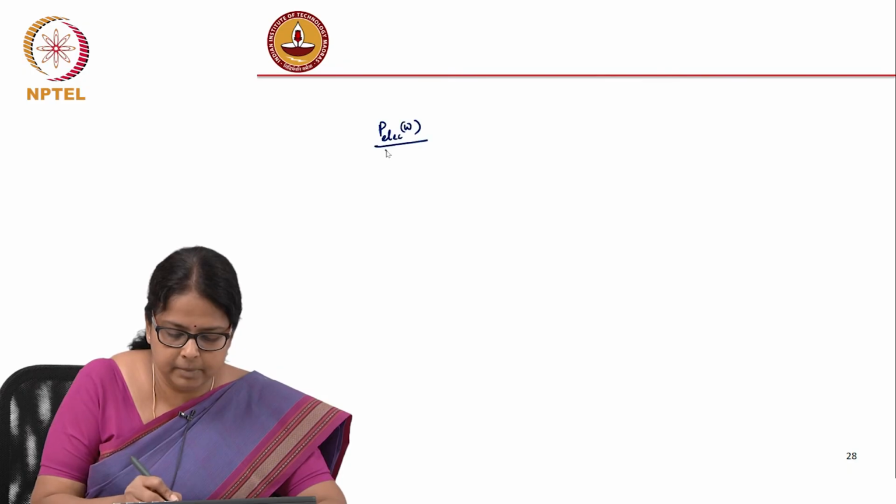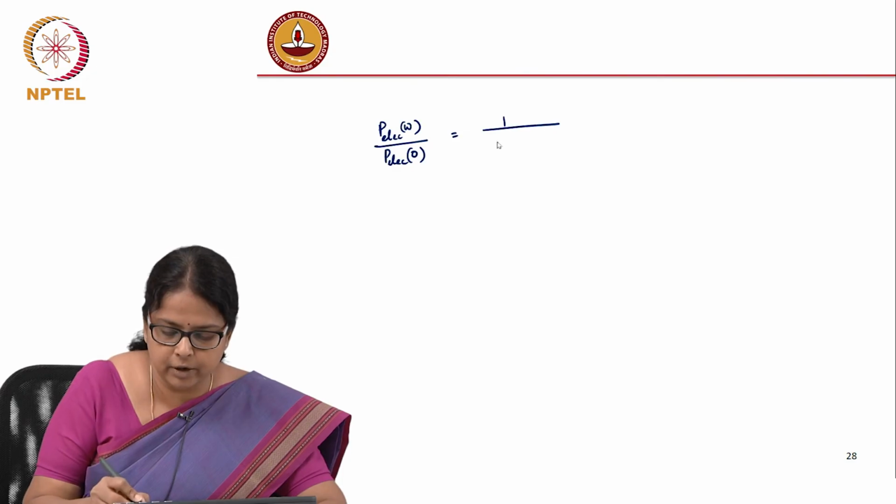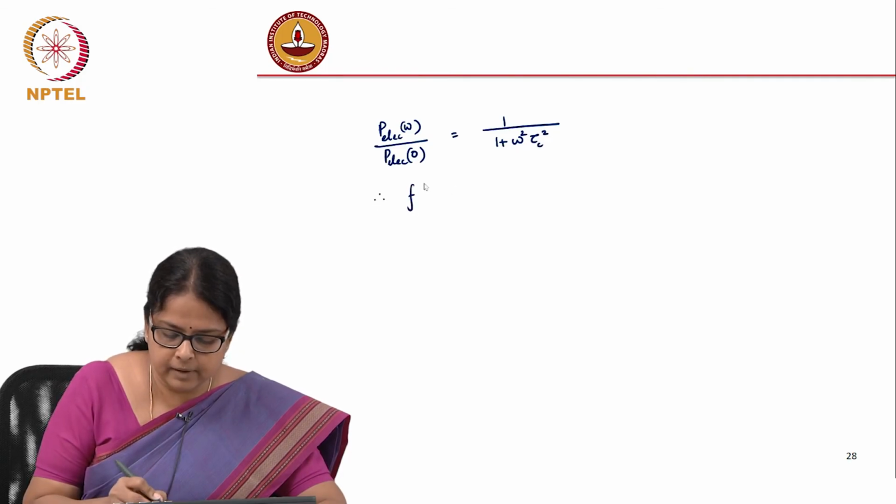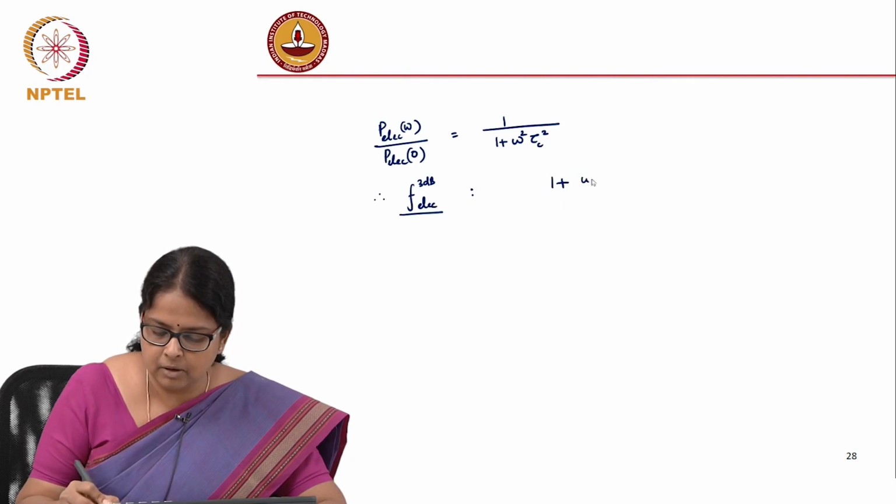In other words, P electrical at omega divided by P electrical at 0 is actually the square of the corresponding optical transfer function, so this is 1 over 1 plus omega square tau c square. Therefore, F 3 dB electrical is the frequency at which 1 plus omega square tau c square, so this is 3 dB, is equal to 2. So, omega square tau c square is equal to 1.